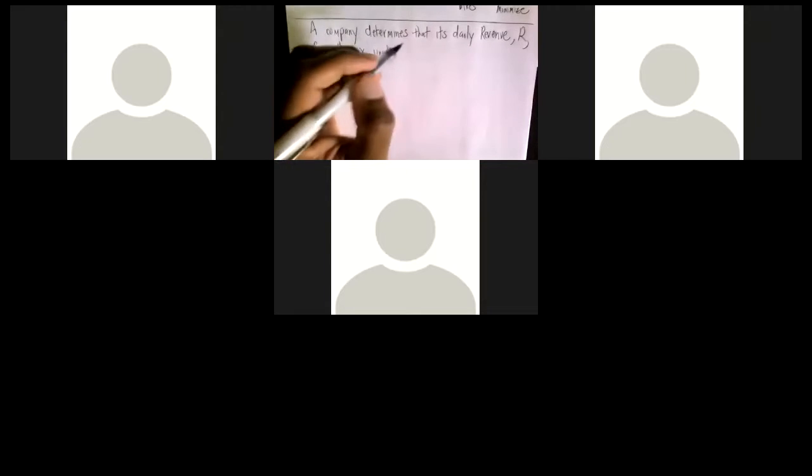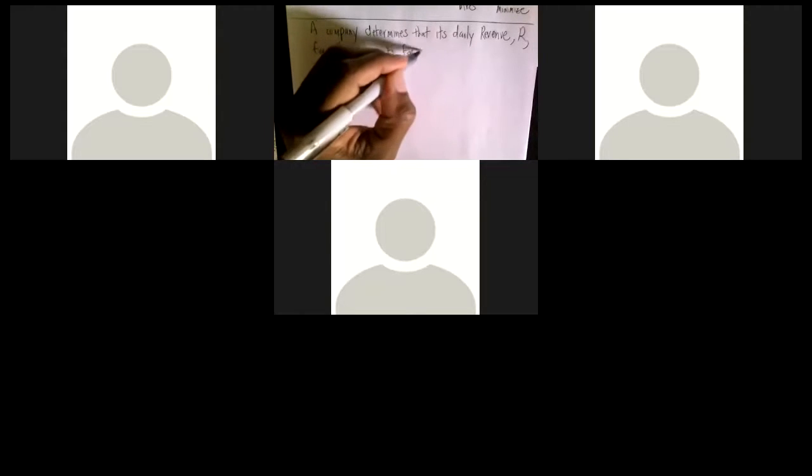So hopefully that's marinated a little bit. Let's just try another one. It's very, very similar. So a company determines that its daily revenue for selling X units for a product is modeled by this function.